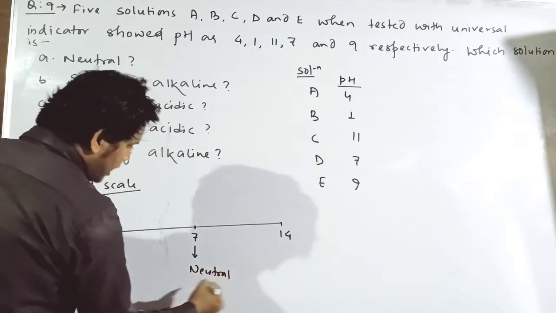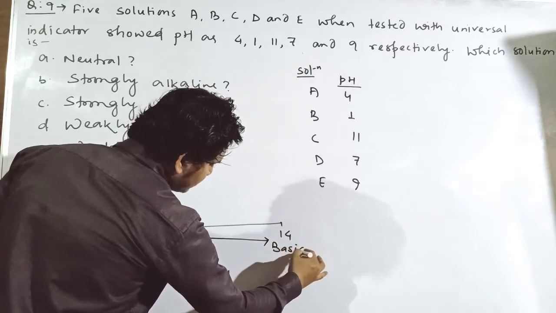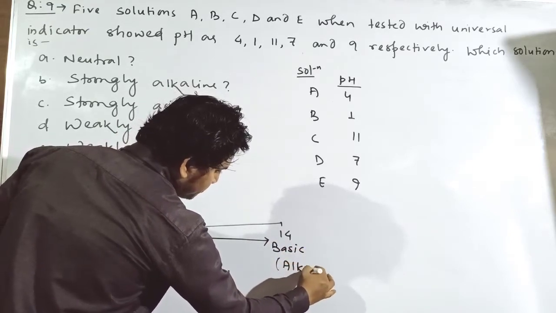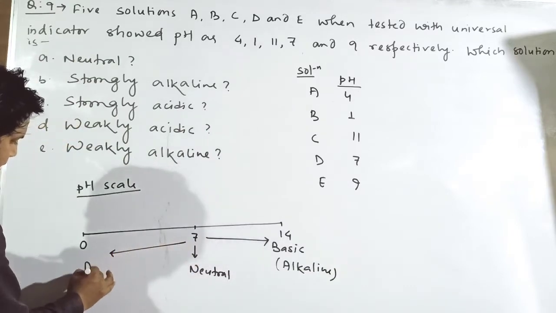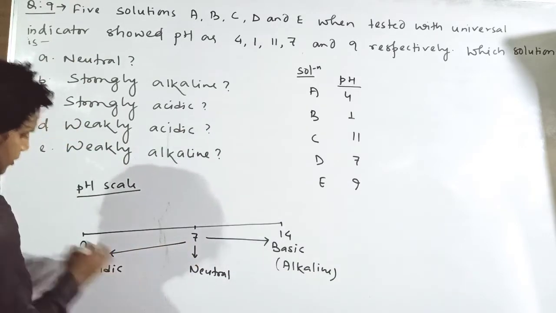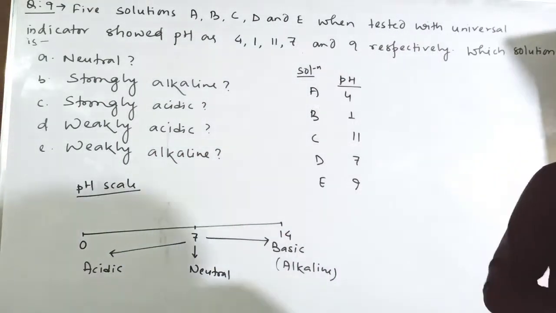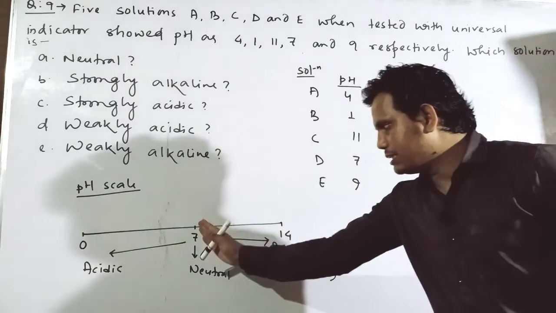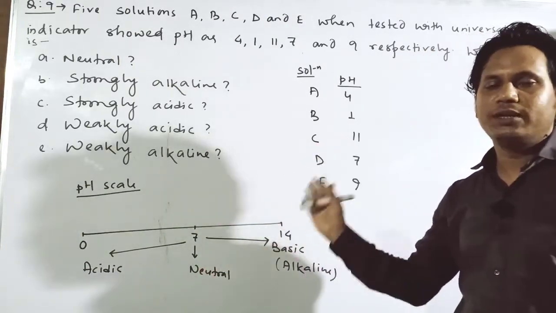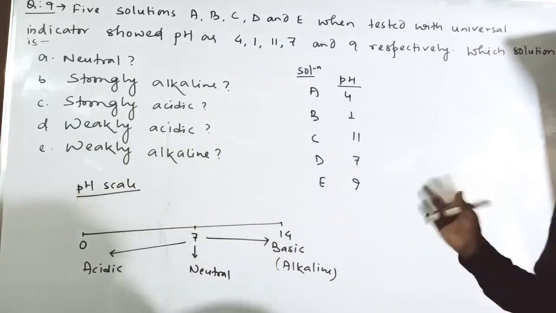More than 7 will be basic, basic means alkaline. And less than 7 will be acidic. So this we have studied. If it is 7, this will be neutral. Less than 7, acidic. More than 7, basic.